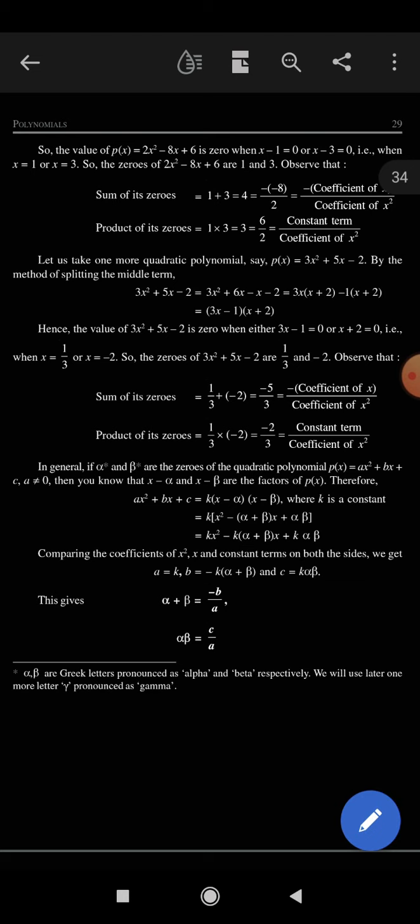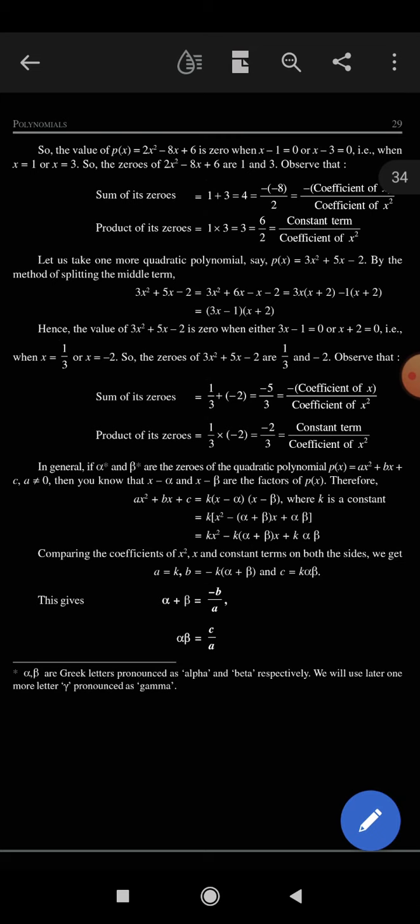Now k(x square minus (alpha plus beta)x plus alpha beta) is equal to kx square minus k(alpha plus beta)x plus k into alpha beta.